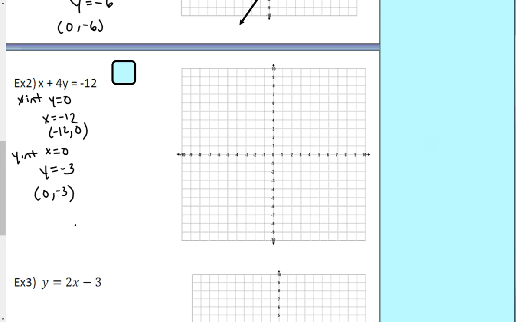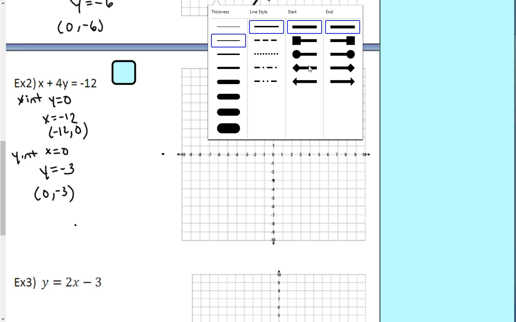Now we go ahead and graph those 2 points. Graph negative 12, 0. Well, negative 12, 0 is going to be about right here. And 0, negative 3 is about right here. And then I go ahead and make that equation of that line.